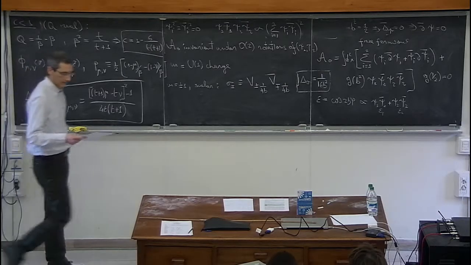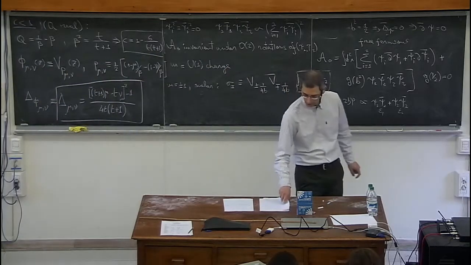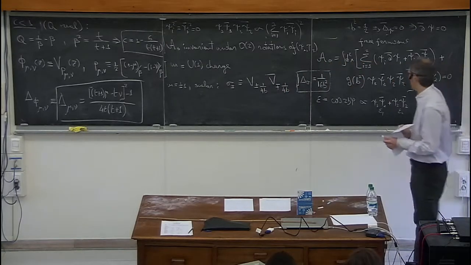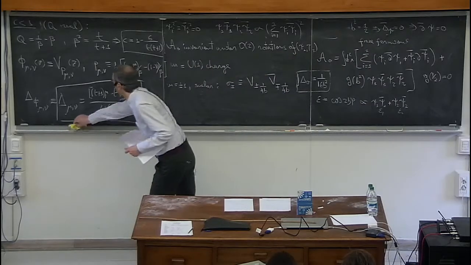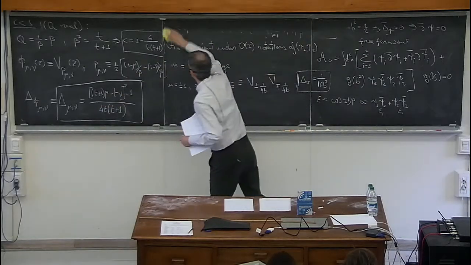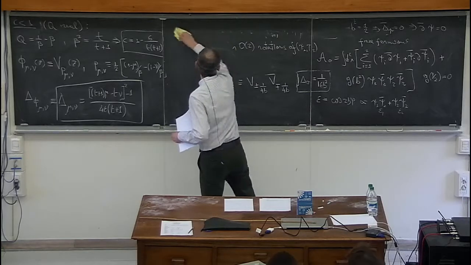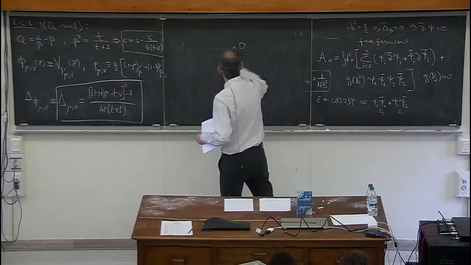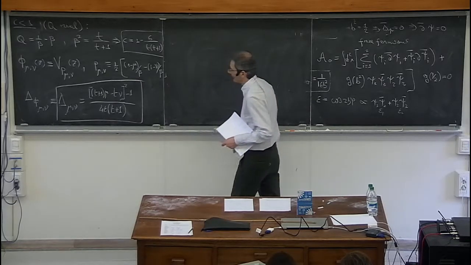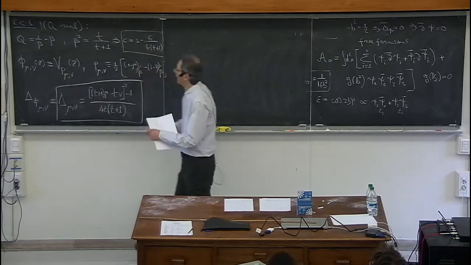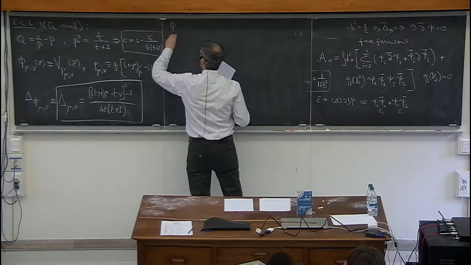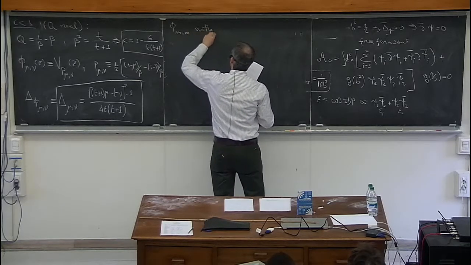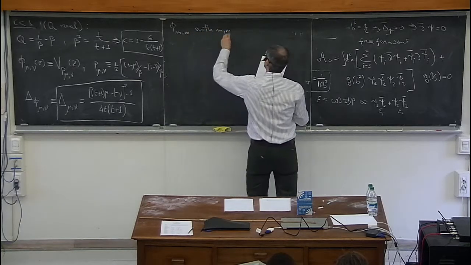So why is this exercise worth doing? This is just because with this notation now, it happens that these fields, more precisely the fields phi m n with m n integers.